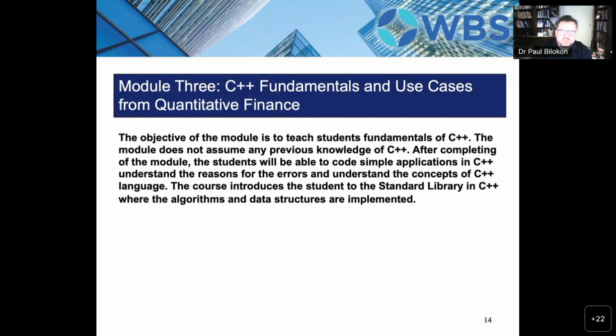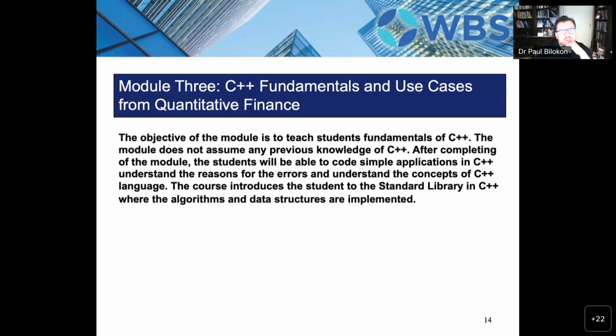So C++ allows you to build large projects because of its strict object-oriented model. It's also very fast, so pretty much all high-frequency trading firms use C++.